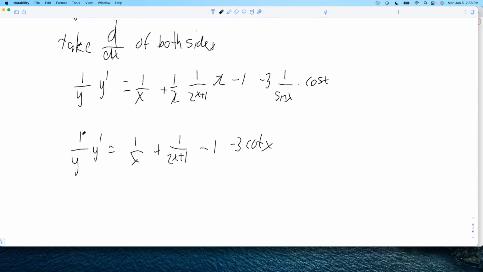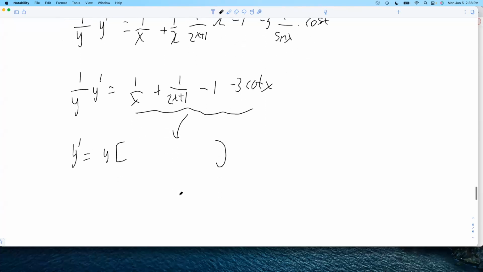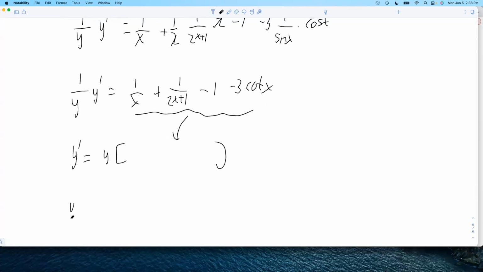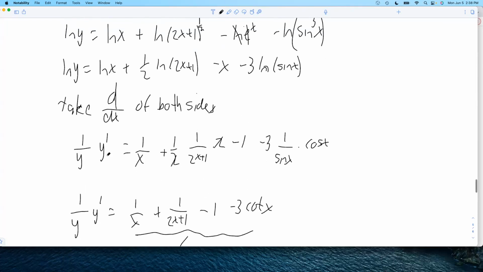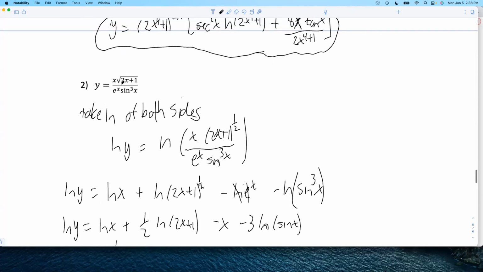Now, nobody asked me for y prime over y. I want y prime. So multiply this y over to the other side. So all of that is going to go in here. I'm just being lazy. I don't feel like writing it. What was y? All this stuff.